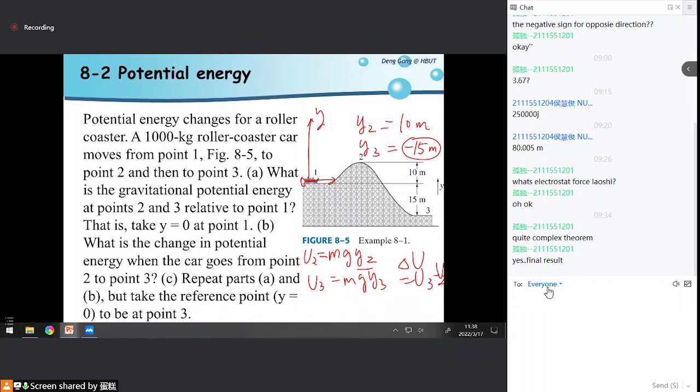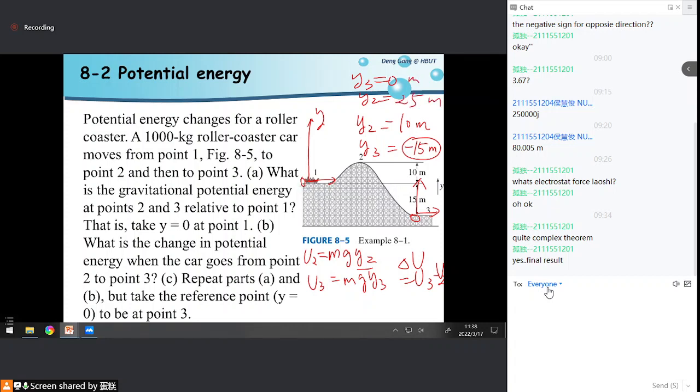Then let's repeat parts A and B, but with the reference point at point 3. If we choose here, point 3, to be the origin, then y3 is equal to 0, while y2 is equal to 25 meters.